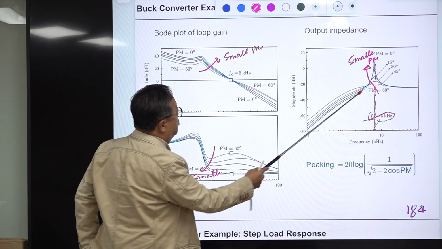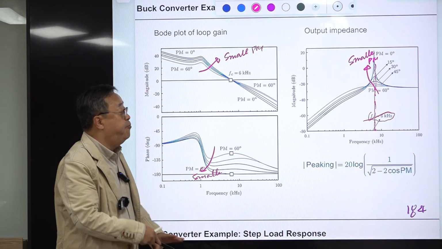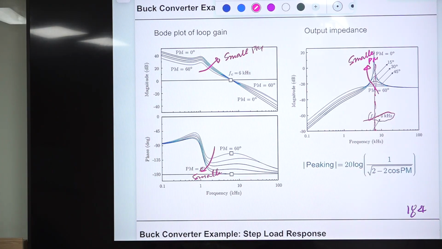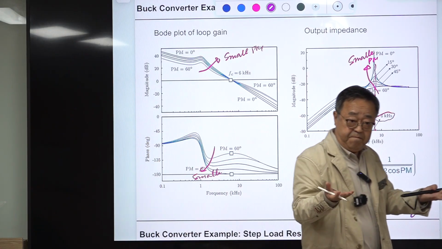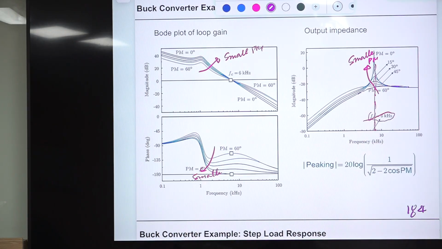If you take a look at the output impedance, when the phase margin is sufficiently large, larger than 60 degrees, the output impedance will be like this. This is a very nice output impedance, and the transient response will be very nice, with first-order characteristics. Then it is gradually reduced, and it generates peaking.